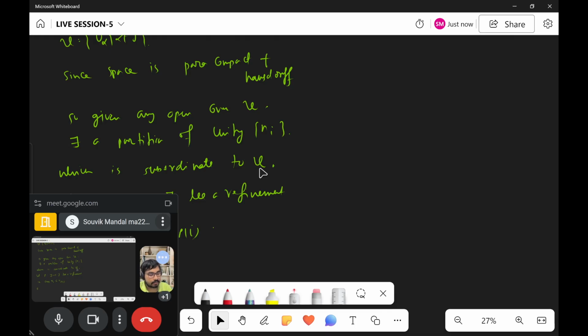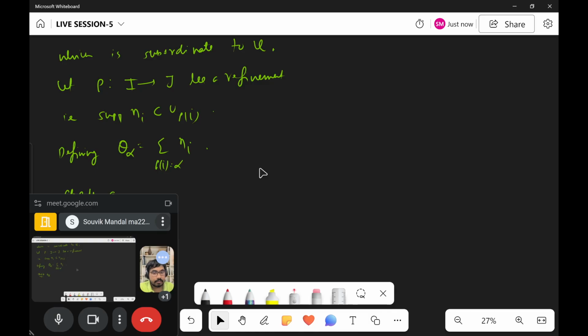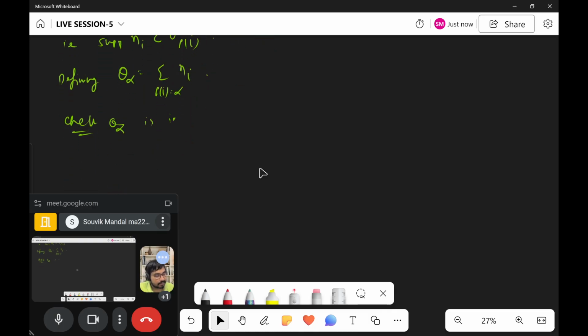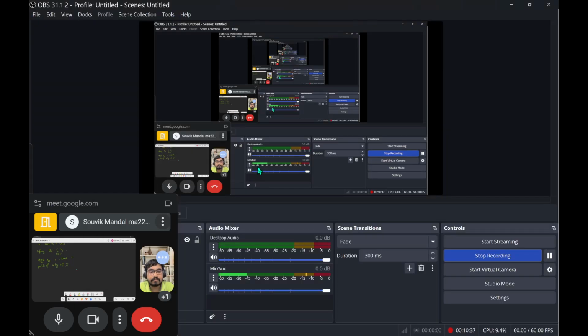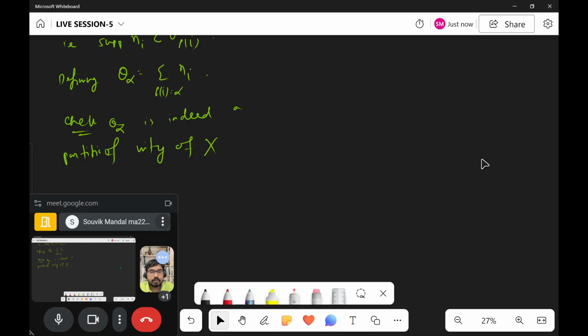And now defining theta alpha equal to the summation of eta i, it is easy to check that this theta alpha is indeed a partition of unity on X. So that is the argument.